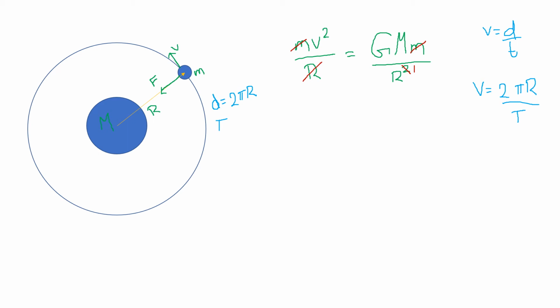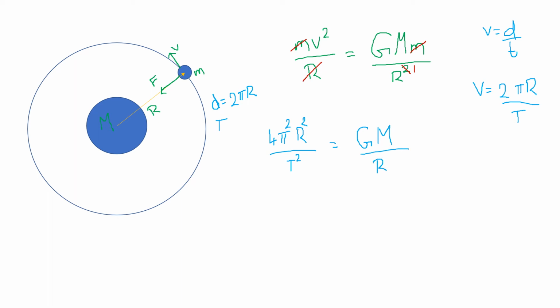Now we can sub this back into this formula. So v squared is equal to 4 pi squared r squared divided by T squared, and this is equal to G, the gravitational constant, times the mass of the big body divided by r.